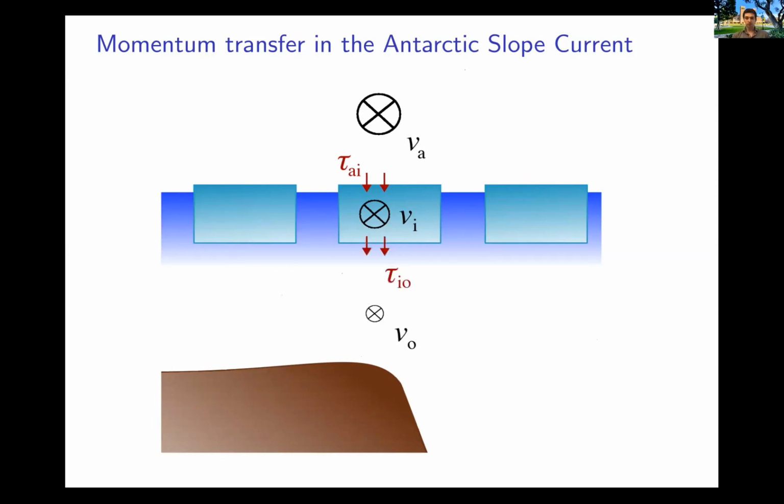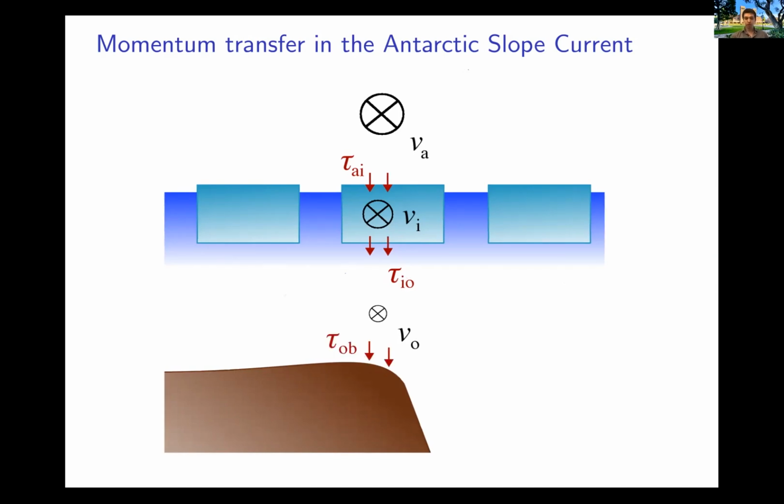And then that momentum is transferred further down into the ocean by the establishment of a shear between the sea ice and ocean flows, again, both to the west, here pointing into the page. Then that momentum is further transferred down through the ocean into the solid earth via form stresses or frictional stresses against the sea floor, and thus you have a balance of momentum. Ultimately, momentum sourced from the winds is removed via transfer to the solid earth.